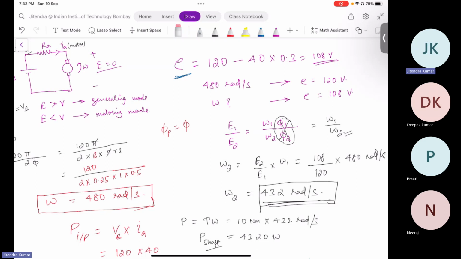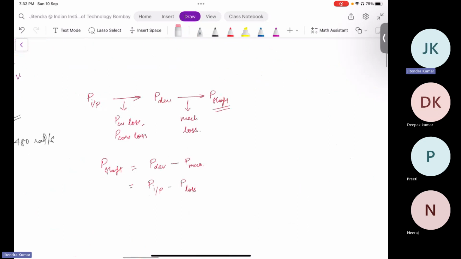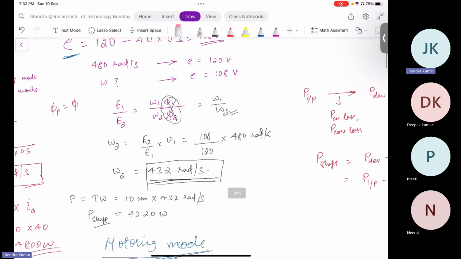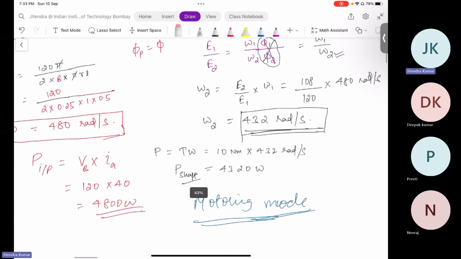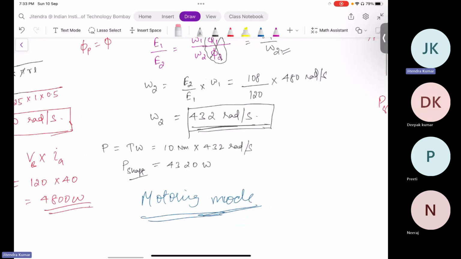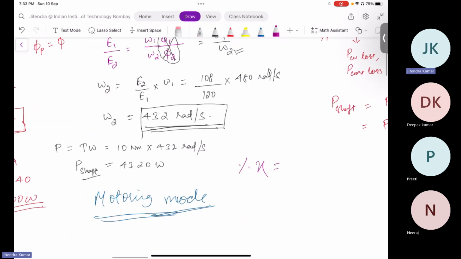And your electrical power of 4,800 watt, 4.8 kilowatt, is converting into mechanical power of how much? 4320 watt, right? So if you find the efficiency of this motor, it is 4320 divided by 4800 into 100, so 90%.